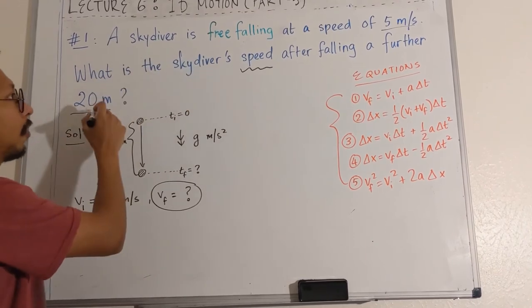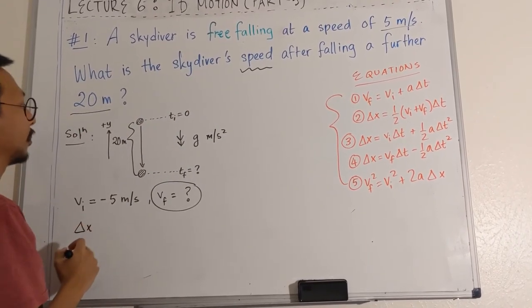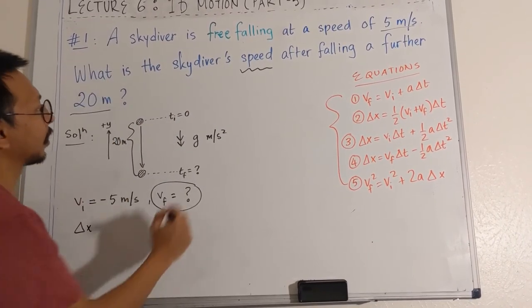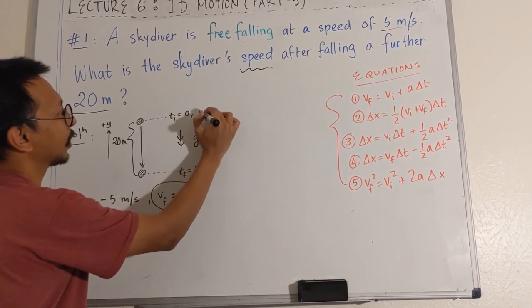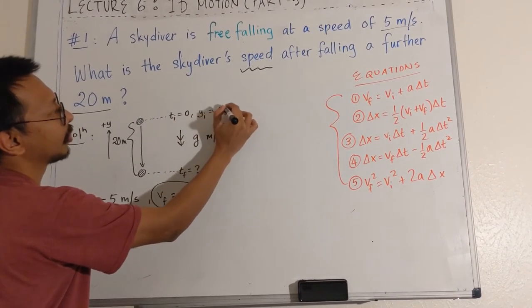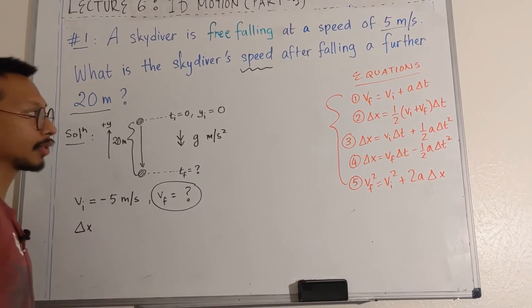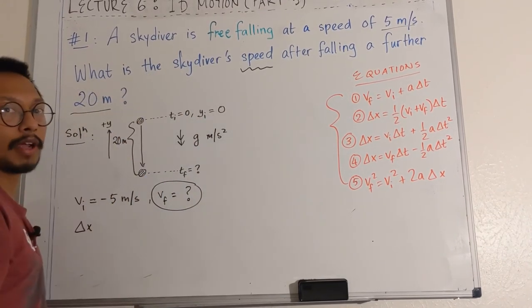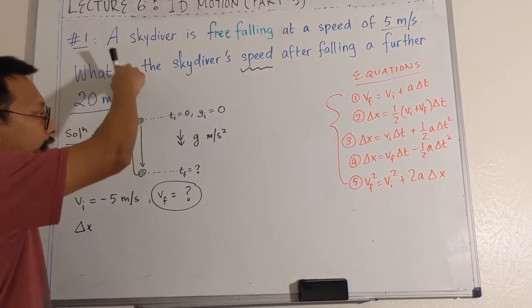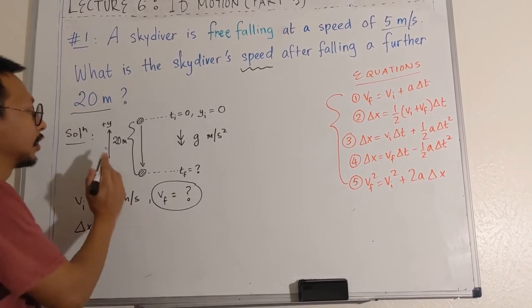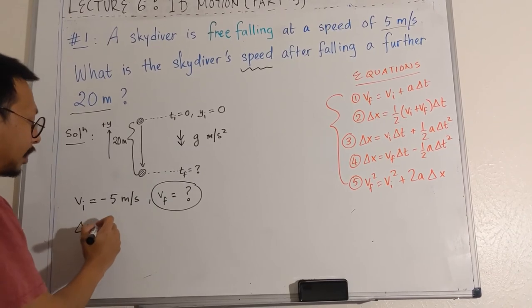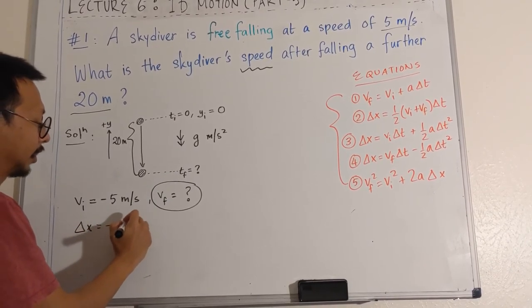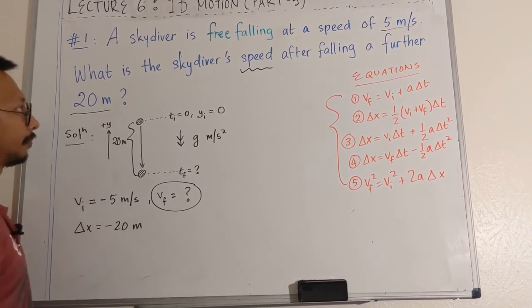The skydiver falls a further 20 meters from the start. So the start was here, and I can define this point right here to be the origin of the motion, and from there the skydiver falls downwards. Since upward is positive, the displacement is negative 20 meters.